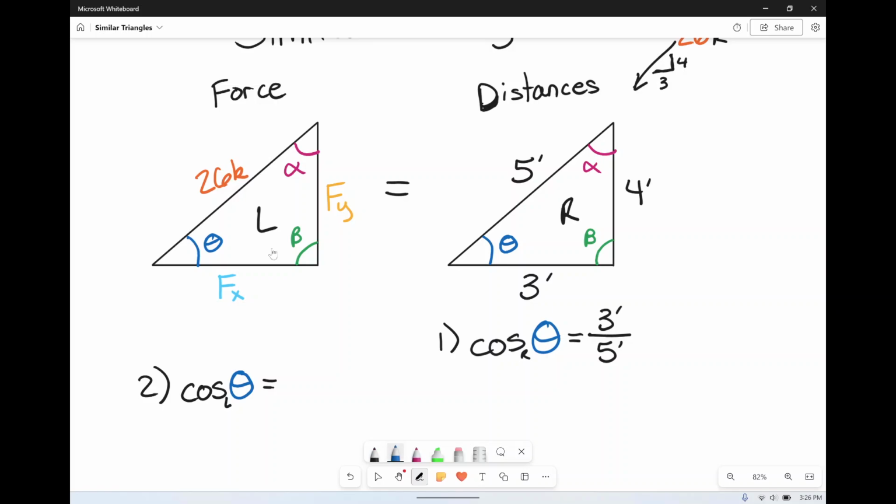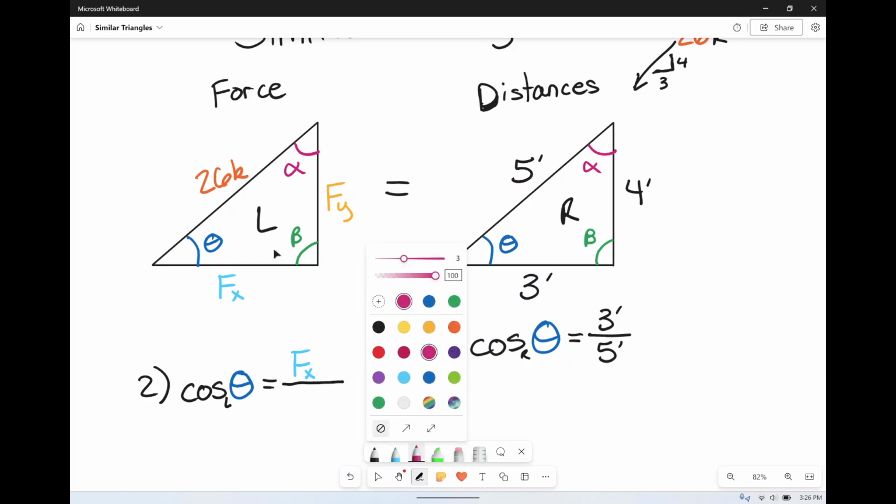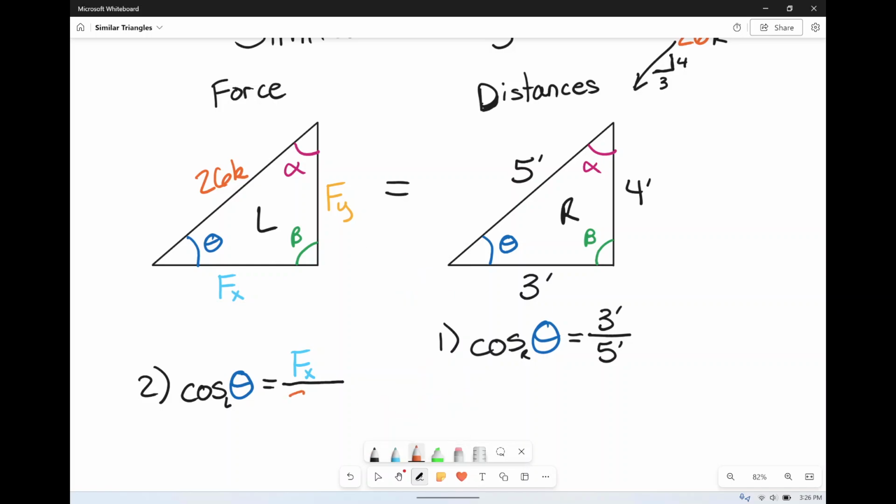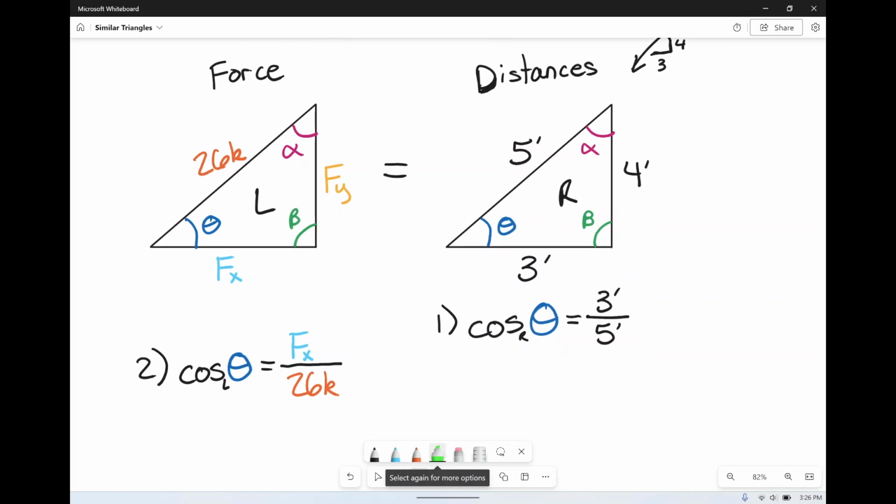We said same thing. It's going to be the adjacent, which is force X, over the hypotenuse, and the hypotenuse is 26 kips. So what you did before this, you were like, I'm going to go find theta so that I can plug it in right here so I can find that answer.